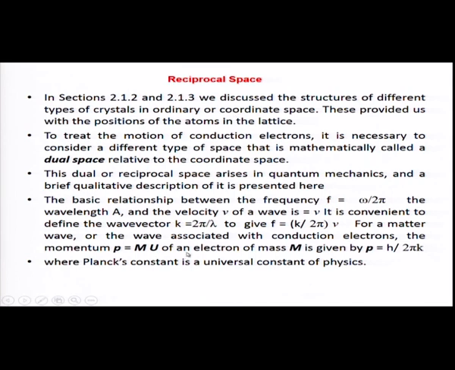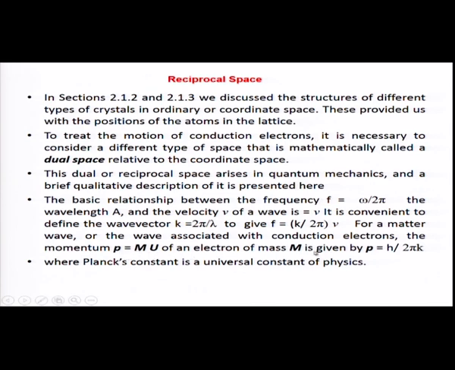and therefore, there is a frequency f that is given by f is equal to omega by 2 pi, and k is equal to 2 pi by lambda. When you substitute all these values in this equation, we get f is equal to k divided by 2 pi into nu. For a matter wave, the momentum is mass into velocity, that is p is equal to mu.